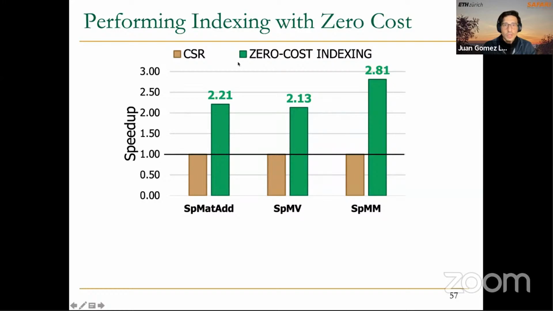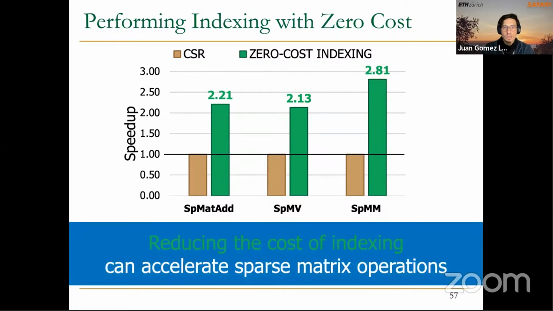We have obtained these numbers here that clearly show that a lot of the execution time of these sparse matrix algorithms is due to the indexing cost. And observe that we could be almost 2.81 times faster if we were able to minimize or completely remove the cost of doing indexing.